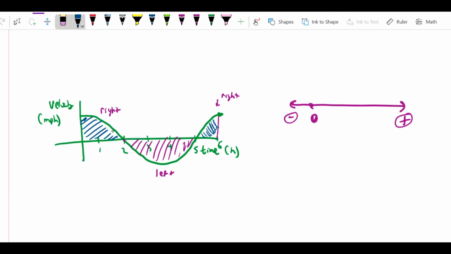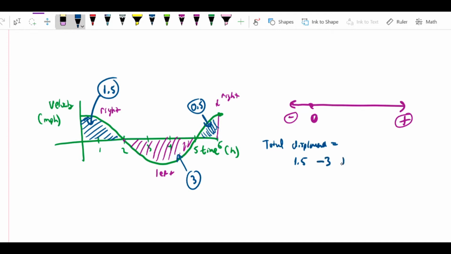If I give these values, I'm just going to make up numbers that have no real connection to what the actual area is, but let's say that this is 1.5, this is an area of 3, and this is an area of 0.5. What we would say is that the total displacement is equal to 1.5 minus 3 plus 0.5, which comes out to negative 1.